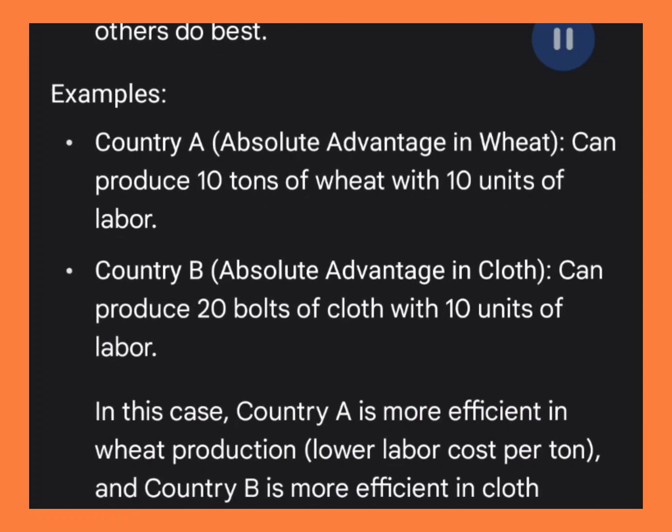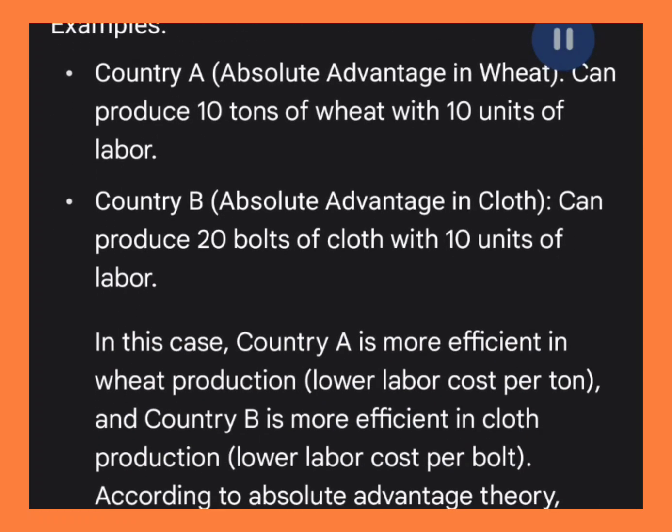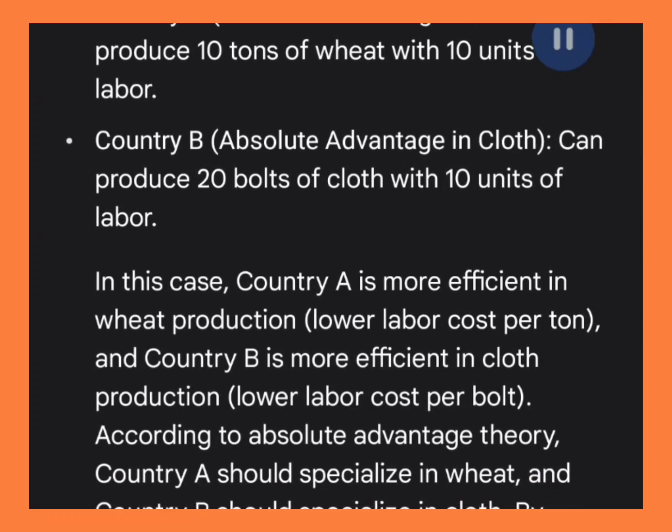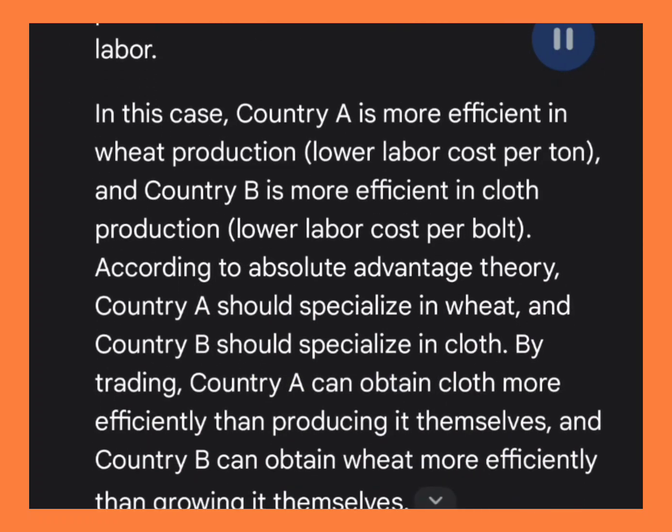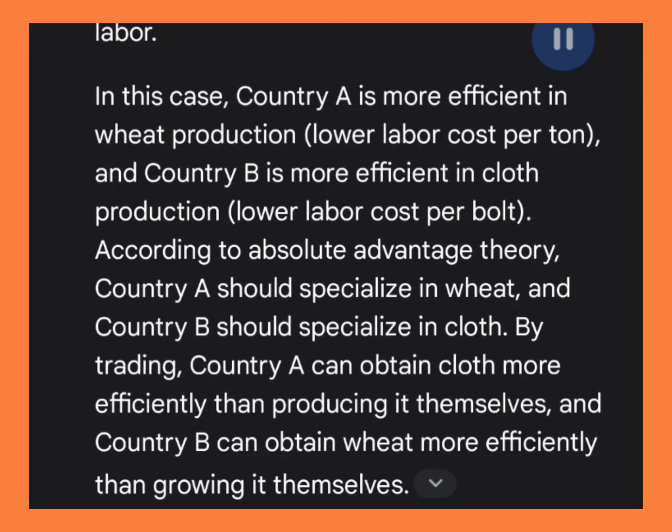Examples. Country A, absolute advantage in wheat, can produce 10 tons of wheat with 10 units of labor. Country B, absolute advantage in cloths, can produce 20 bolts of cloth with 10 units of labor. In this case, country A is more efficient in wheat production, lower labor cost per ton, and country B is more efficient in cloth production, lower labor cost per bolt.